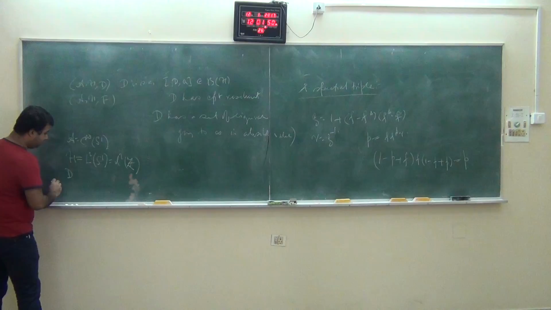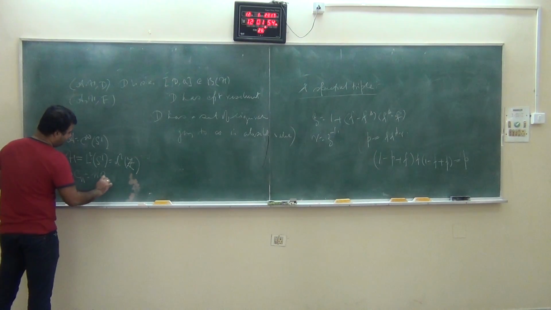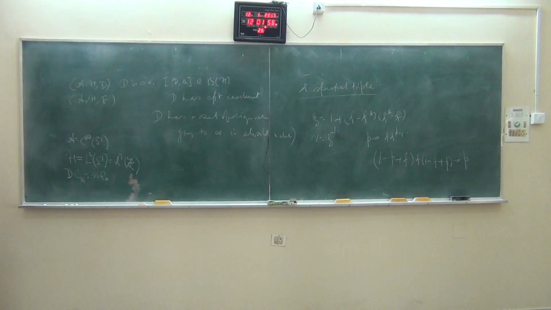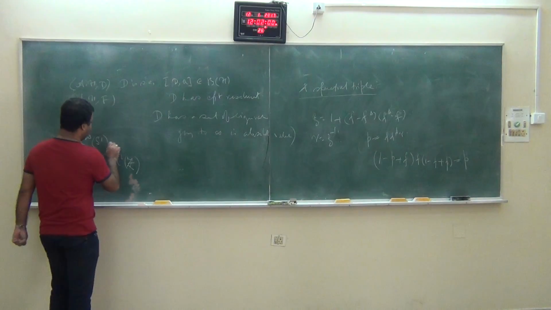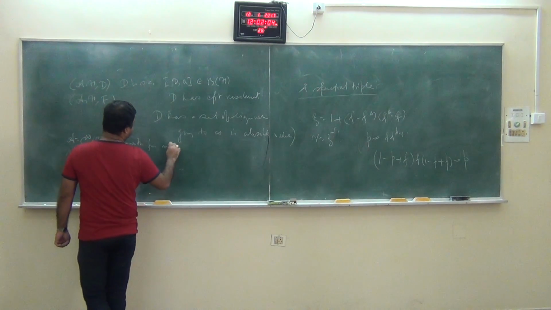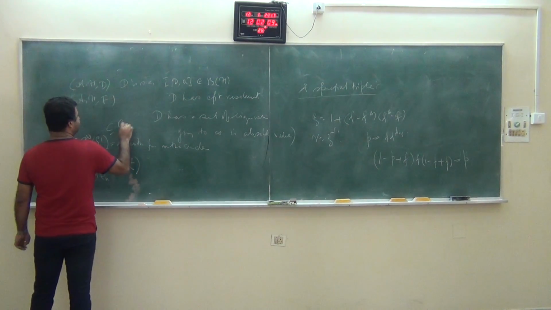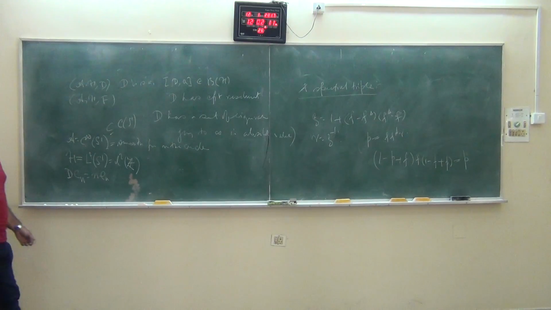And D is this operator, D of En is N. What is C infinity? Smooth functions on the circle. This is a dense subalgebra.